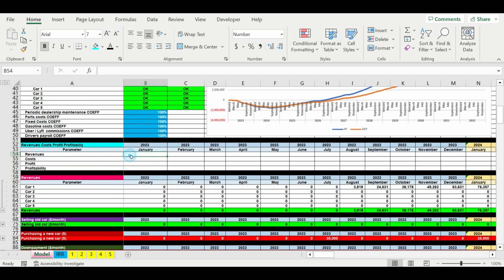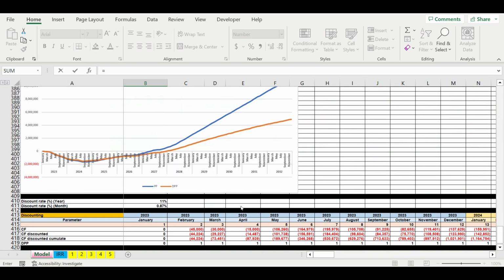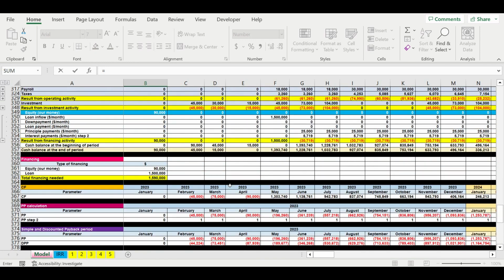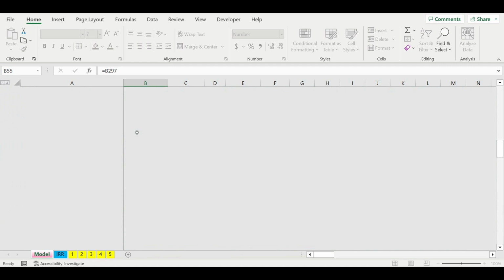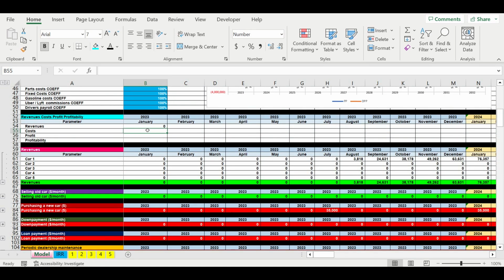To complete this table we need a cash flow statement, so we are going to the bottom of our model. So here we take the revenues, then we gather total costs.